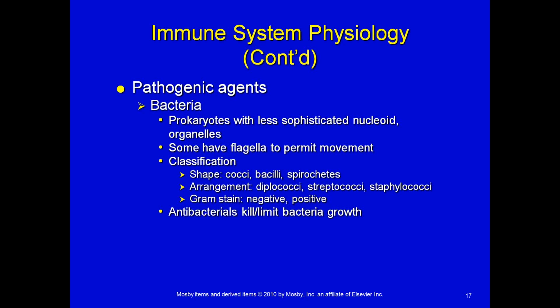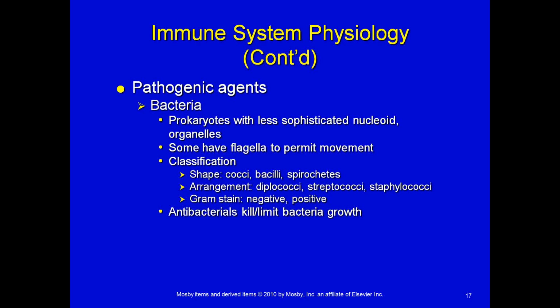Bacterias are called prokaryotes, and they have a less sophisticated nucleoid and organelles when compared to regular cells. Some bacteria do have flagella, and flagella are the little hair-like extensions on the cell that permit movement, so they can move around in liquid medium.